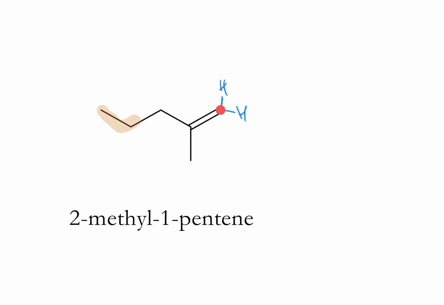And what we would do is say, well, compared to the group that I've highlighted in this faint orange, that hydrogen is cis to it, and this hydrogen is trans to it. So if it's both, because the hydrogens are the same, and we'll see the rules officially in a minute, when they're the same, it's going to be neither cis nor trans, because there's no winner in a sense.